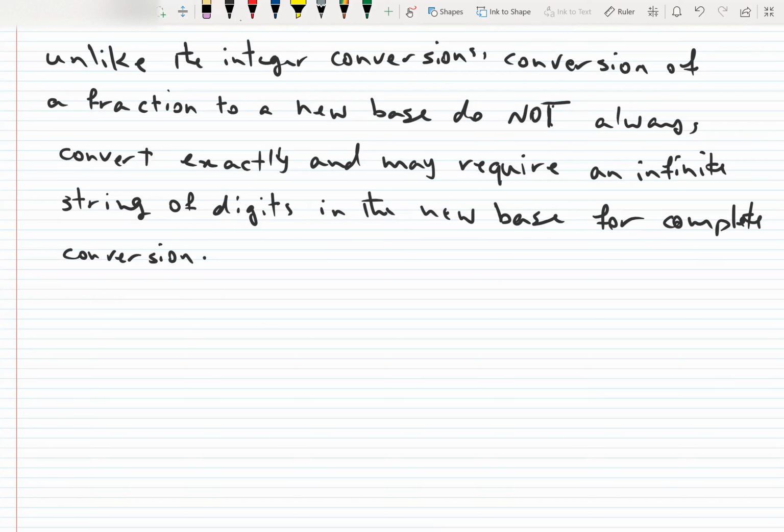Now that we learned how to convert an integer number from base 10 to other bases, let's see how we can convert fraction numbers in base 10 to other bases. For a fraction part, we use a method called multiplication.